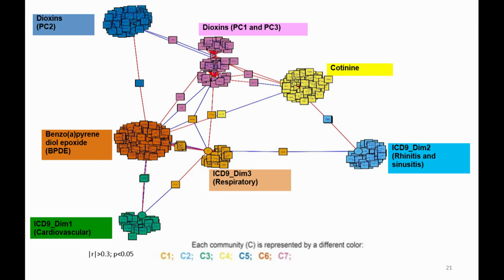We have triangles that represent environmental exposures, the principal components of dioxins, BPDE, and cotinine. And then we have these circular nodes that represent the ICD-9 principal dimensions. And then these edges, they represent positive correlation or negative correlation. And the colors in this network, they represent communities or clusters of tightly connected nodes.